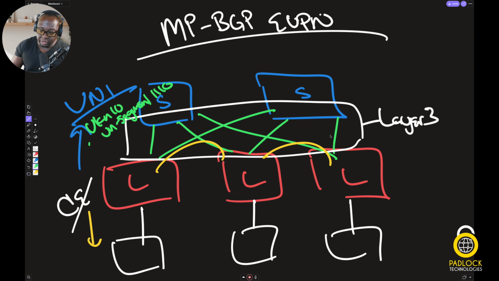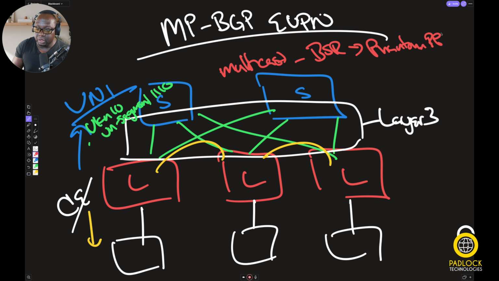So the beauty of this is you also have multicast in here, right? Now the multicast that I suggest you use is BSR, because you can take advantage of this thing called Phantom RP. So what Phantom RP is, between the two switches you will do something called a longest match. Basic routing rules. Longest match wins, right?